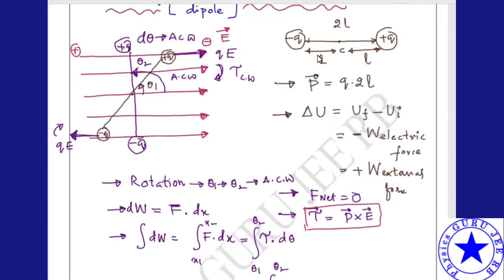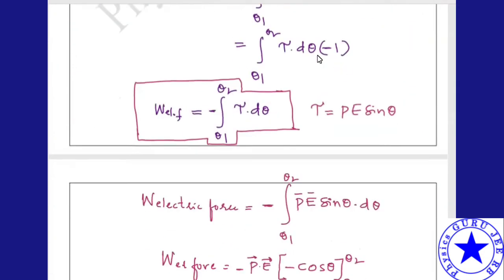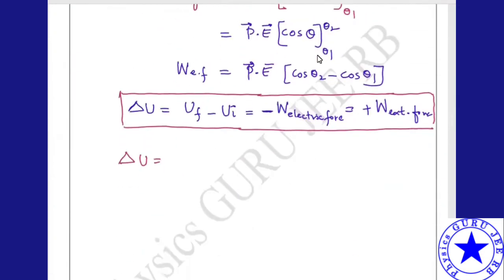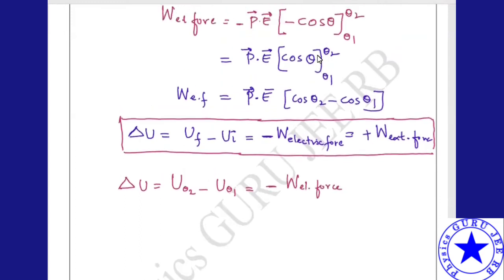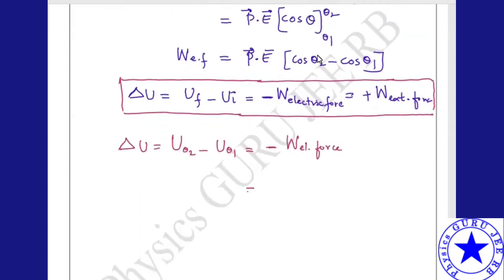That means at theta 2 one potential energy will be there, and at theta 1 one potential energy will be there. So U of theta 2 minus U of theta 1 equals negative of work done by the electric force. We already got the work done by the electric force. Now simply we'll substitute it.